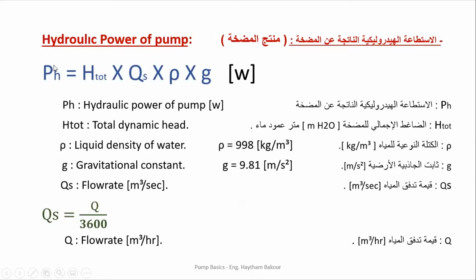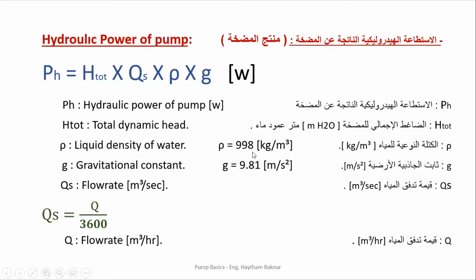The hydraulic power of the pump is the total dynamic head H total, multiplied by QS, which is the flow rate, multiplied by rho, the liquid density of water, multiplied by g, the gravitational constant, giving PH, the hydraulic power of the pump, in watts.